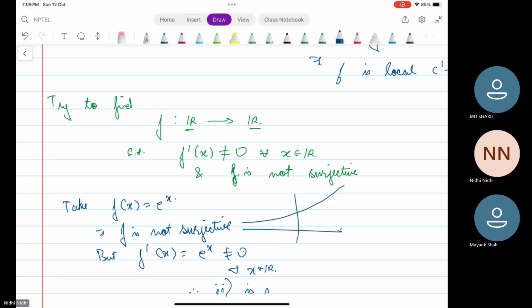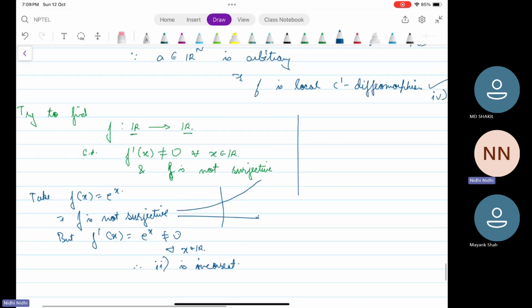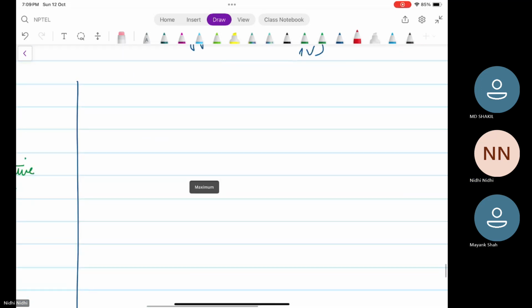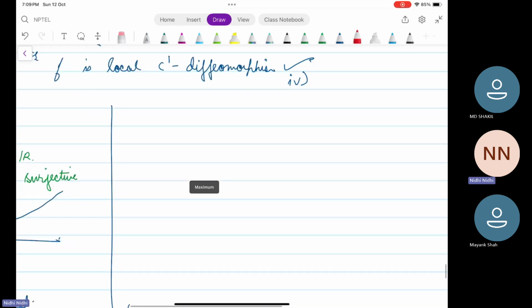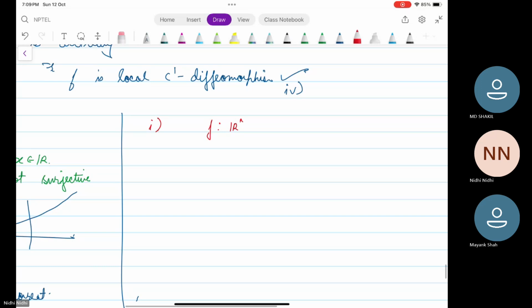Now, if we look at the first point, it says that f from Rn to Rn is such that the derivative at A is invertible, and f is injective.